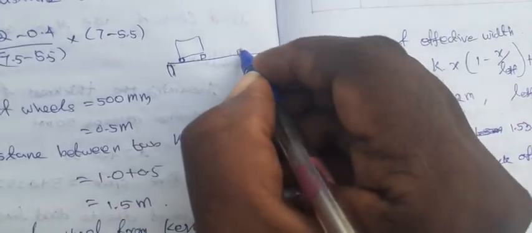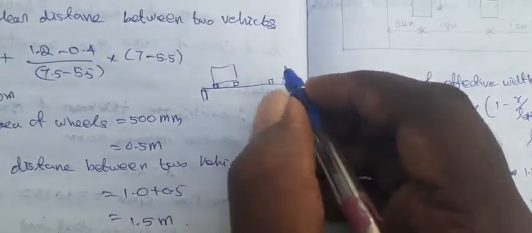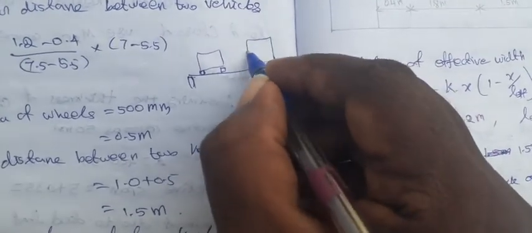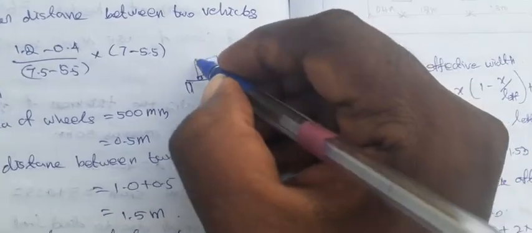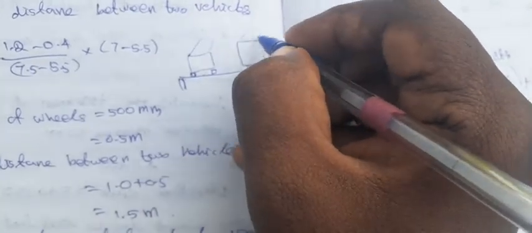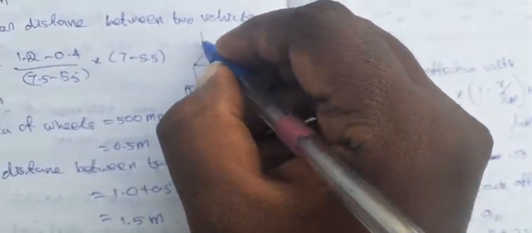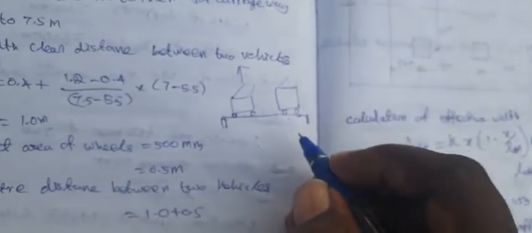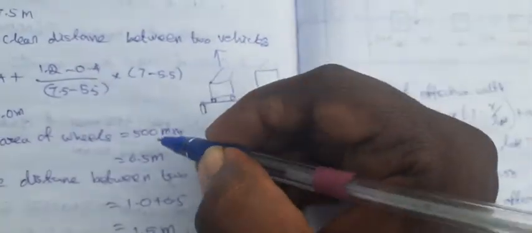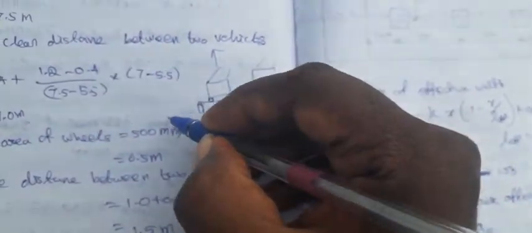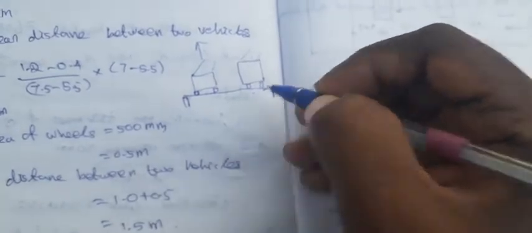So another vehicle I am putting right here. So this is the another vehicle. Both vehicles may come in the same direction or different directions. So I am considering this goes upward, like here to here, and it comes here to here.